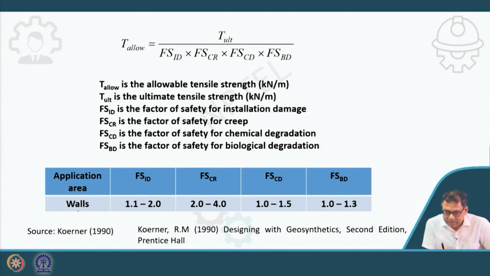So, once I get the T allowable, the reinforcement layer will take the tension, so this tension will develop, but that developed tension should not be greater than T allowable.